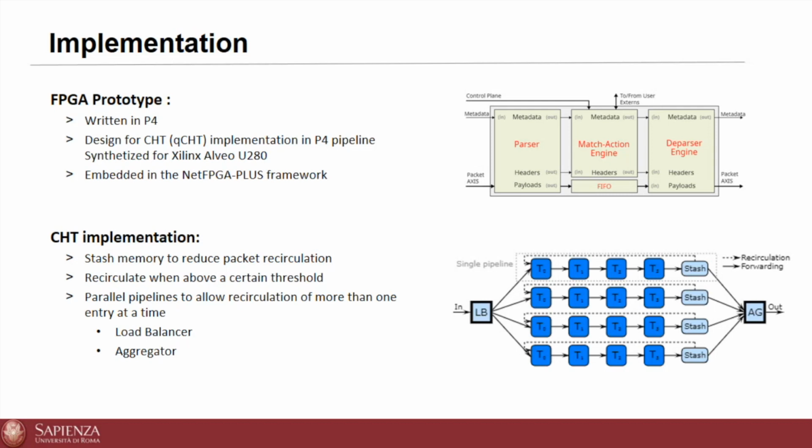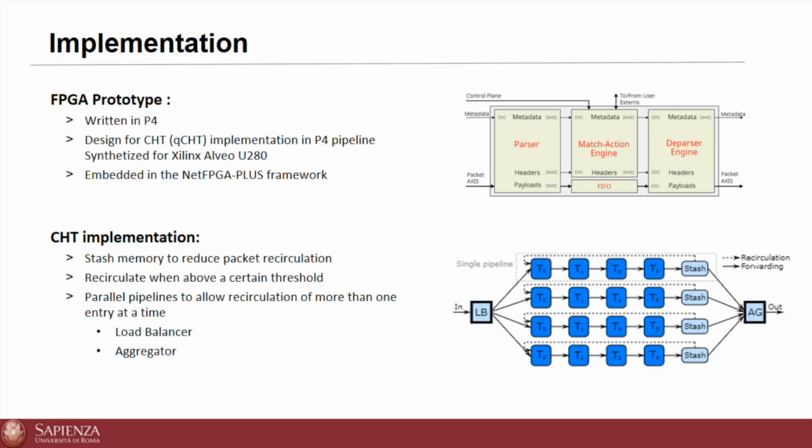Moreover, each Cuckoo hash table has a stash, which is additional memory. Whenever a new key can't be inserted into the table, instead of starting the key movement process immediately, it is first inserted into the stash.